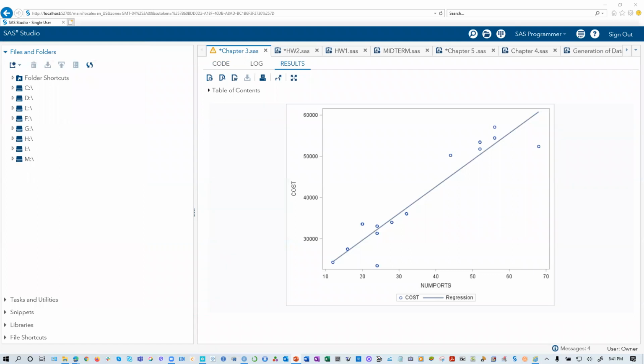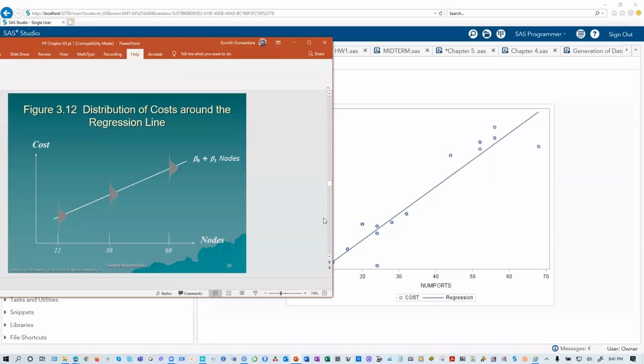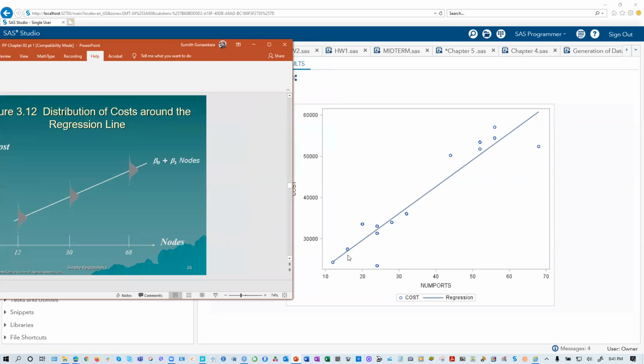But here, we don't have that scatter plot. These dots we don't have. For a given 12, somewhere here, you have only one data point. At 30, maybe one data point, or maybe none. At around 68, maybe one data point.